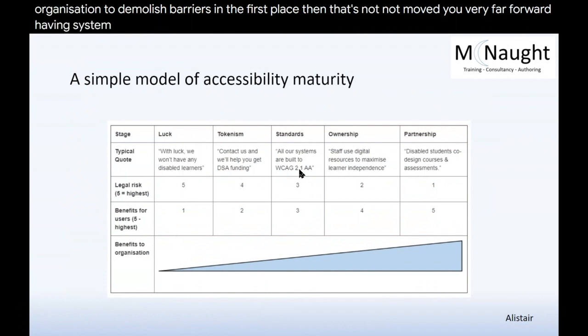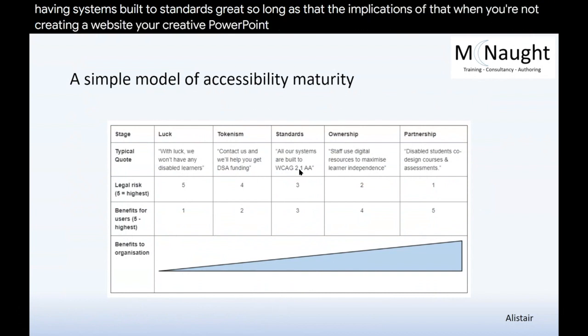Having systems built to standards is great, so long as you understand the implications when you're not creating a website, but a PowerPoint, or working with teams or delivering documents or PDFs.